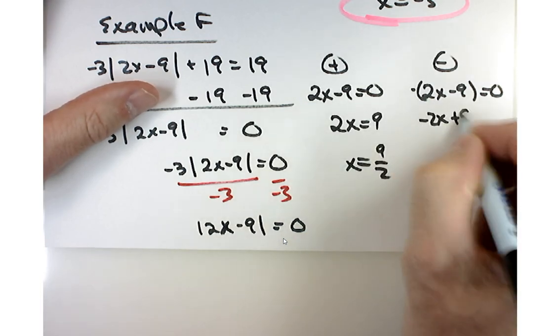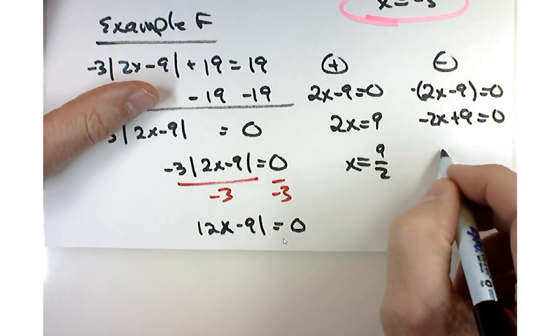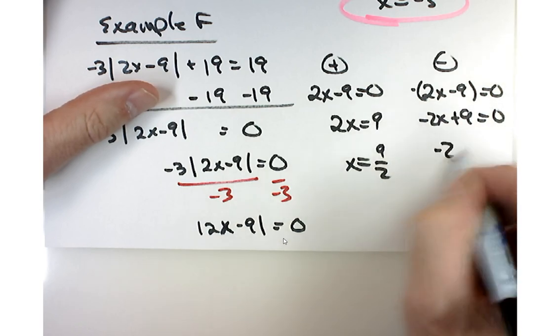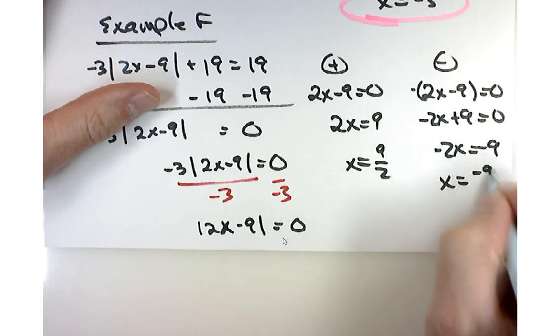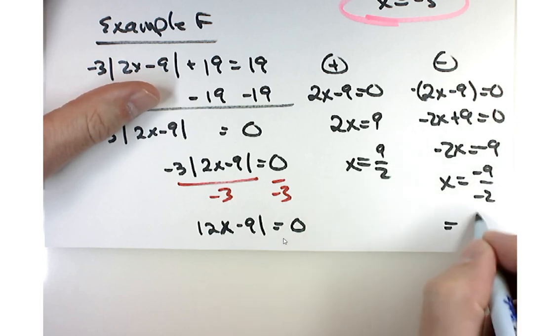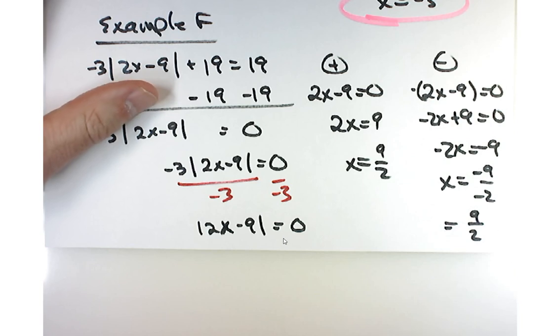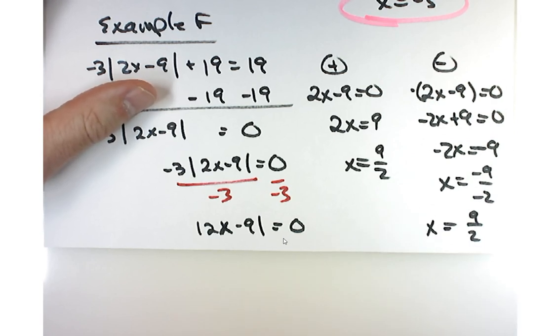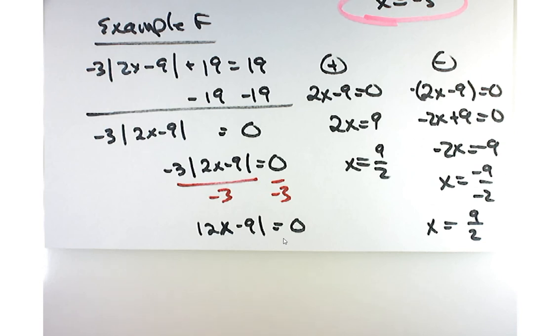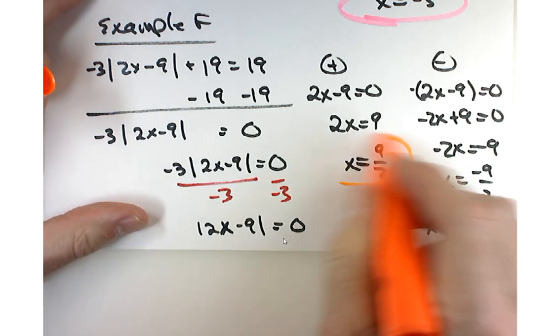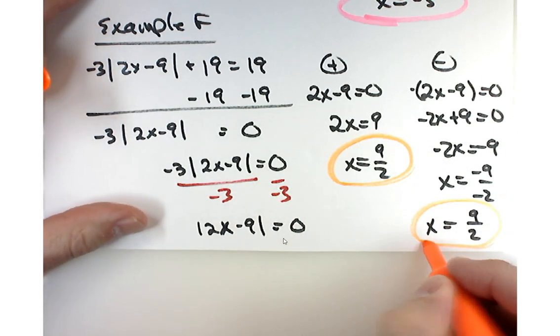Distribute the negative. Negative 2x equals negative 9. X equals negative 9 over negative 2 simplifies down to x equals 9/2. So oddly enough, I'm only getting one solution here. That's okay.